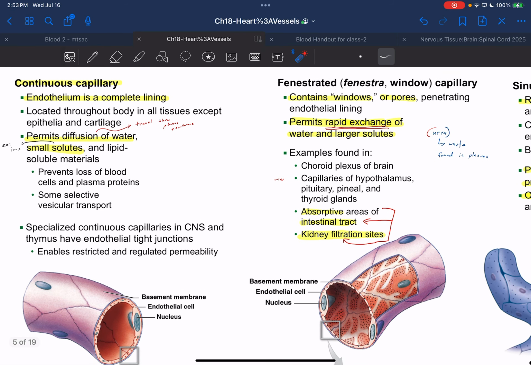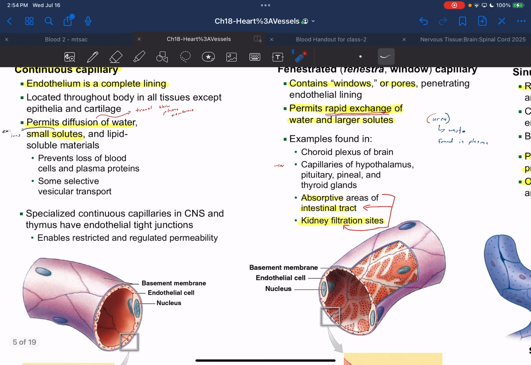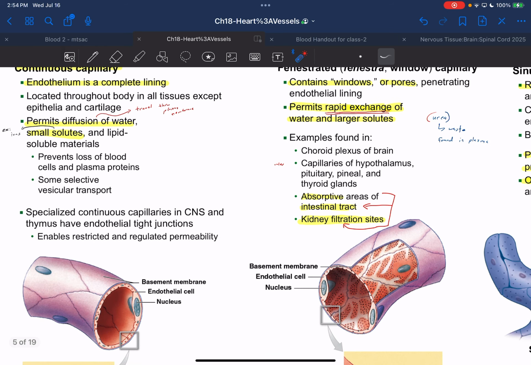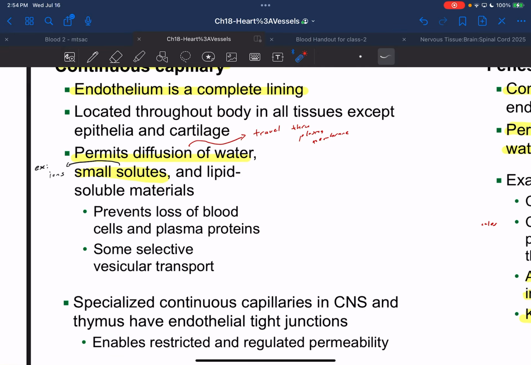So the endothelium is complete. The lining is complete, meaning that they don't have pores. This permits just regular diffusion of water and small solutes. That's their job, to permit things that you need to go into the tissues. Water, as an example, or small solutes like ions.